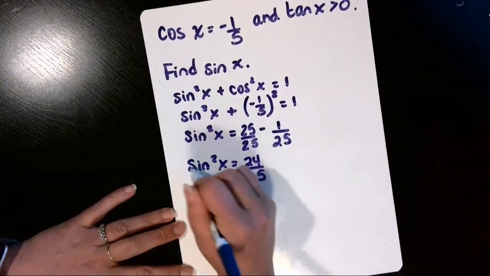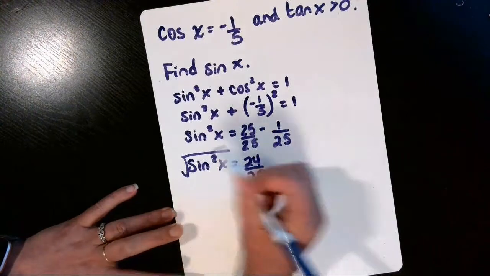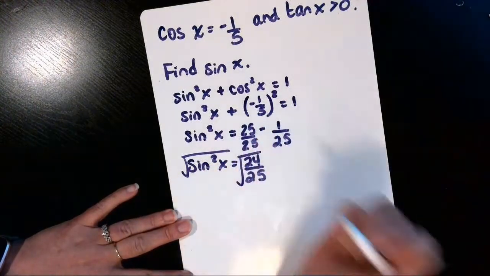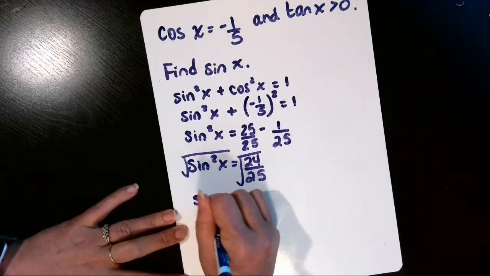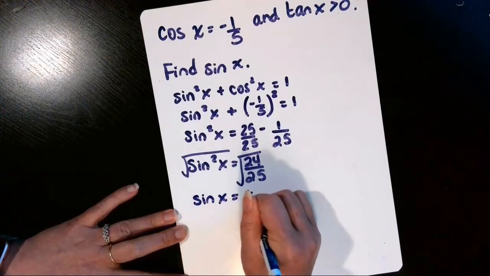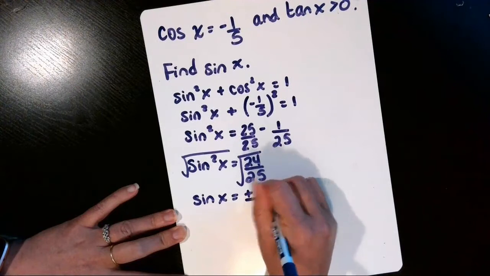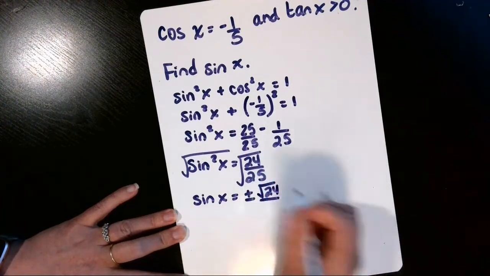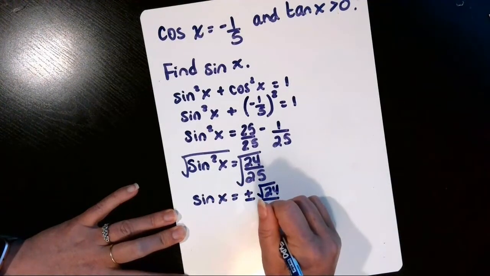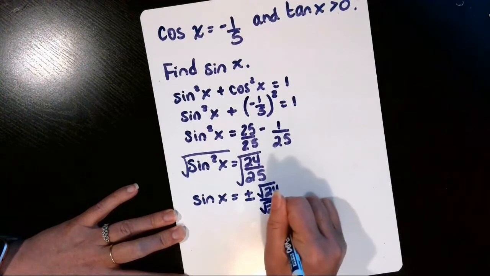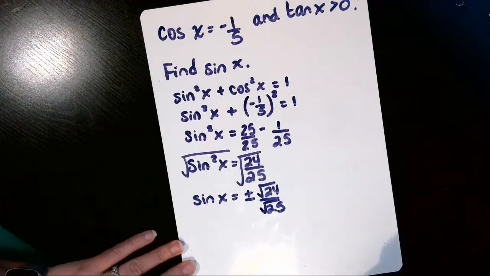And to get the sine of x by itself, we're going to square root both sides. And so the sine of x is plus or minus, and then the square root of the numerator is square root of 24. The square root of the denominator would be the square root of 25, and then we want to reduce.